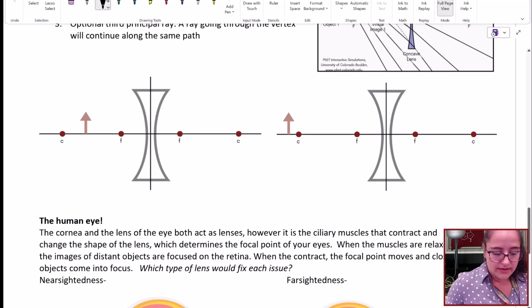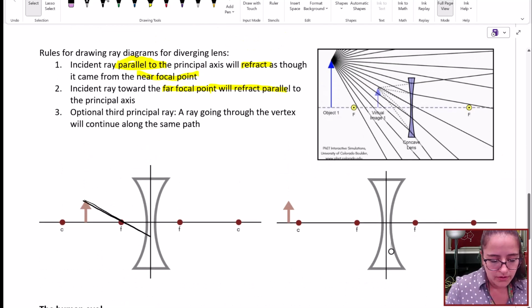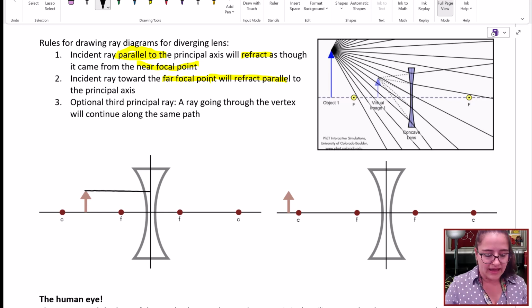So we have one that seems as though it came through that near focal point. This is a diverging lens, so let's start with the parallel one. And again, it refracts as though it came from the near focal point.